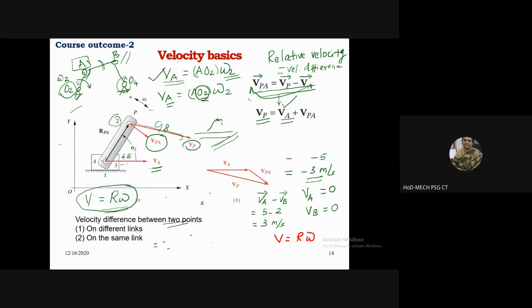Whenever you show a pivot like this, what does this mean? This is ready to form a joint between the fixed link and some other link, link number 2 here. So this particular point, which I've called O2, belongs to frame 1. It is a common point for link number 2 and link number 1. Since it belongs to link number 1, it does not have any motion, no displacement, no velocity, no acceleration. So O2 is a fixed point.